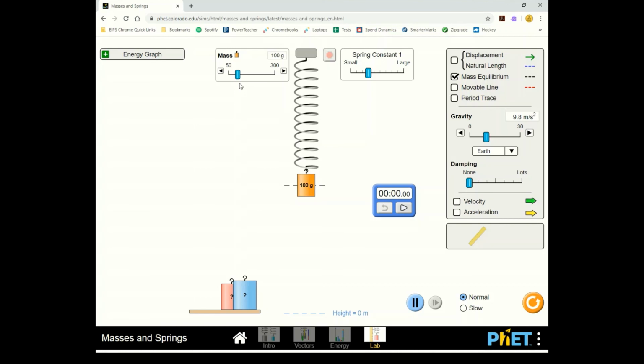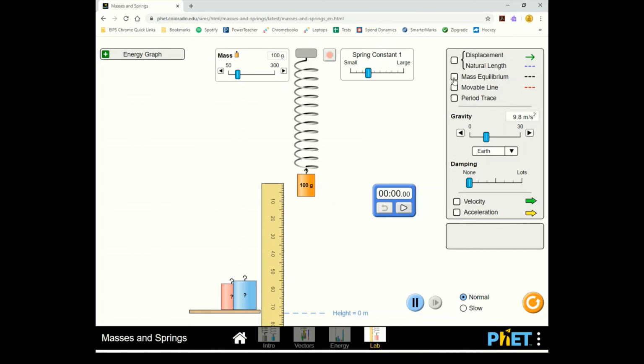So we have a 100-gram mass. We have a spring constant that is on the third tick here. And then we can get out a ruler here, and we always want to measure our displacement from our equilibrium position.